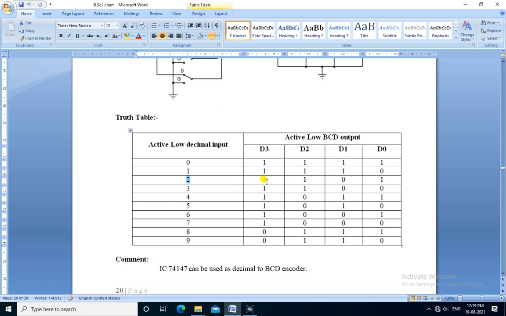For input 2, output is 1101. So it is 2 in active low. For 3, 1100. So it is BCD active low type output, and similarly all the inputs are applied and outputs appear, which is shown by the LED.